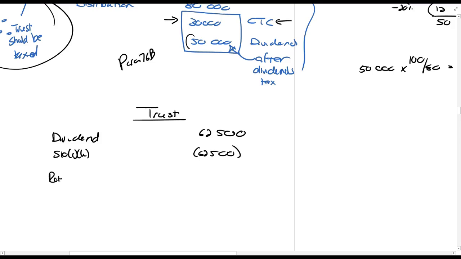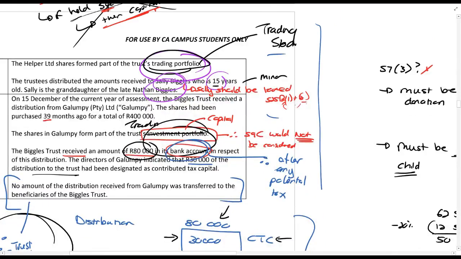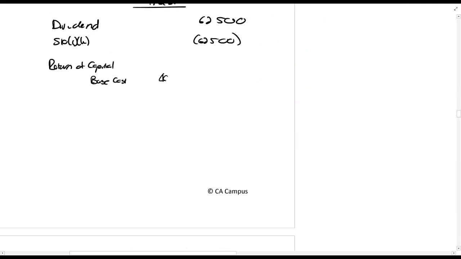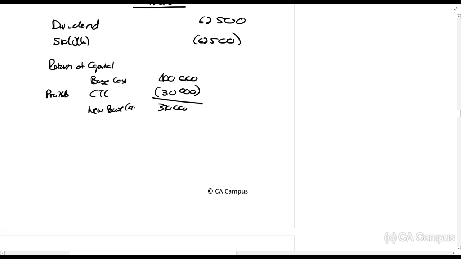So, that return of capital, remember what happens to return of capital. You take the base cost of the shares, and they tell us the base cost of the shares here, 400,000 rands. And from that, you deduct the contributed tax capital. That's what paragraph 76B tells us. So that's 30,000. So that gives us 370,000 rands, which is a new base cost.